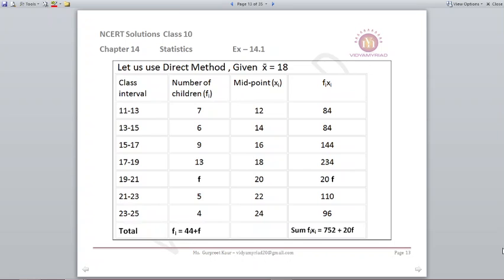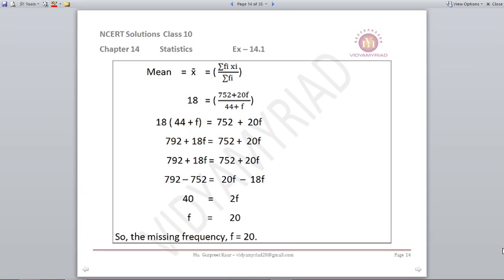And when you add fi xi, it will become 752 plus 20f. So f is coming in the numbers. You have the mean value with you, so just equate them: 18 is equal to 752 plus 20f upon 44 plus f. Cross multiply, you will reach f as 20. So the missing frequency f was 20.